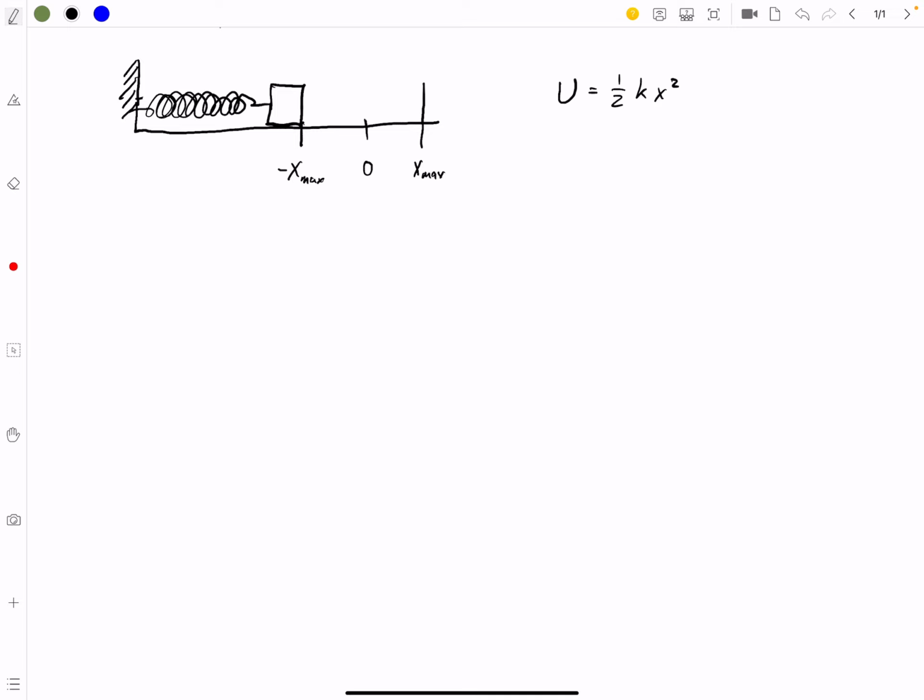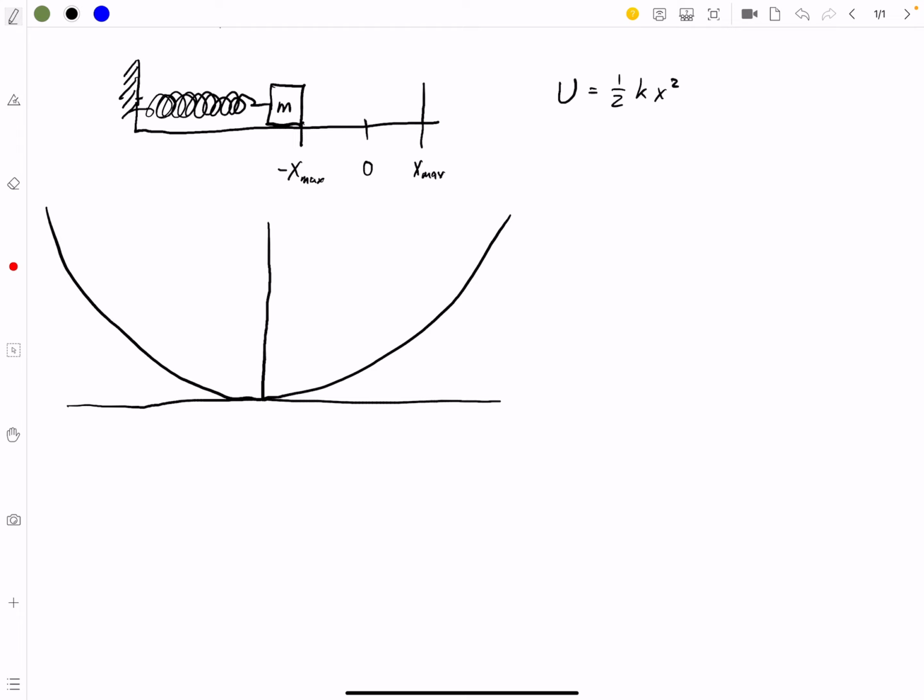Here's the thing to learn. And then here's our mass of the block. If you wanted to draw that potential, I'm going to draw it right here. Here's a graph of our potential. It goes up as x squared on both sides. So here's positive x, and here's negative x.